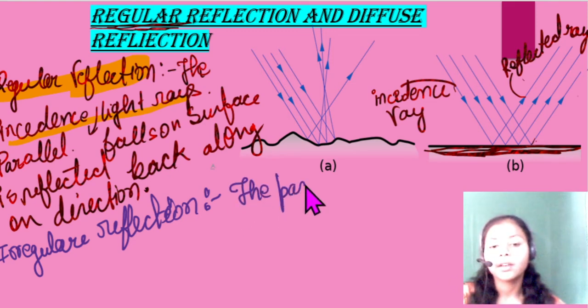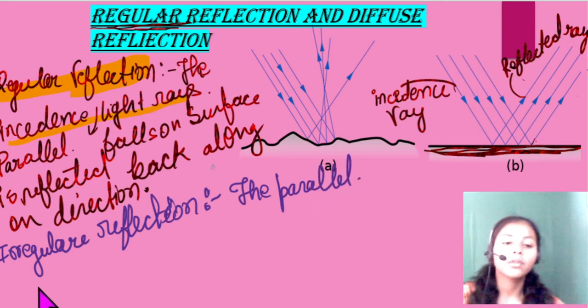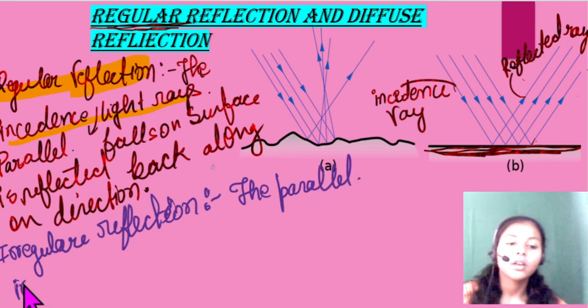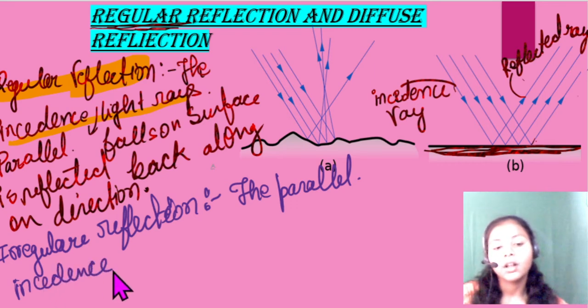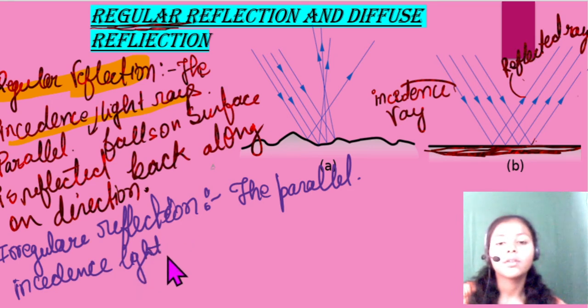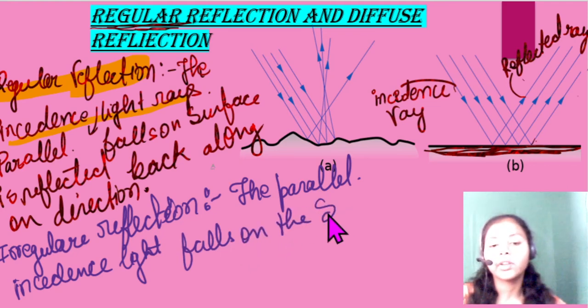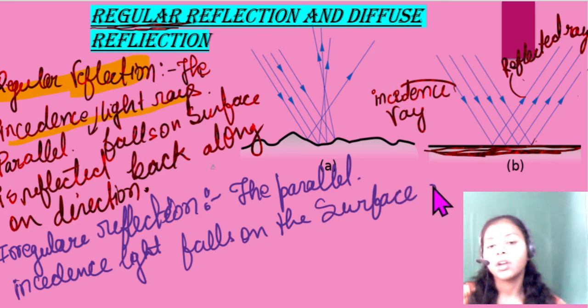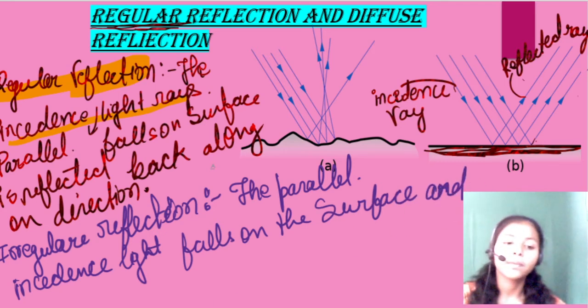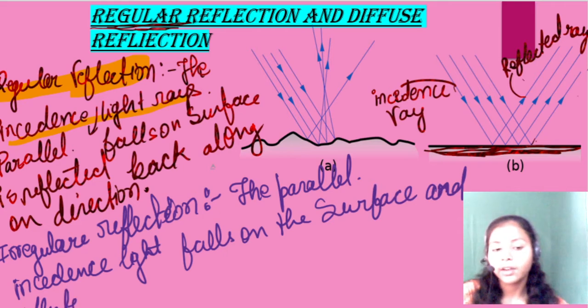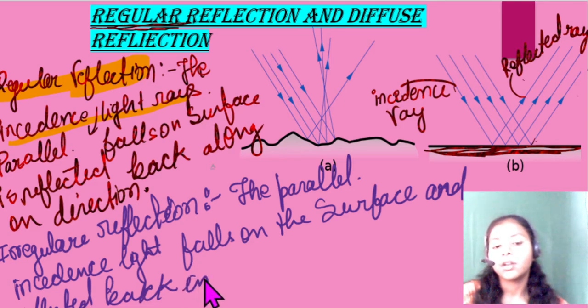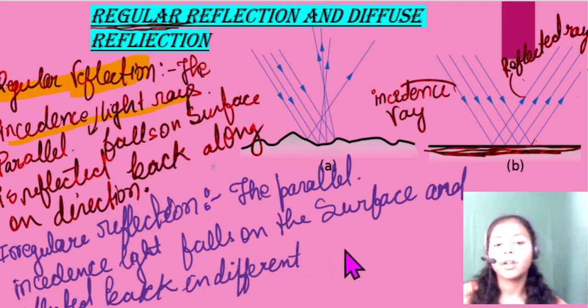The parallel incidence light rays fall on the surface and are reflected back in different directions.